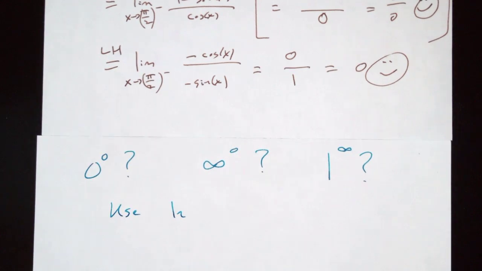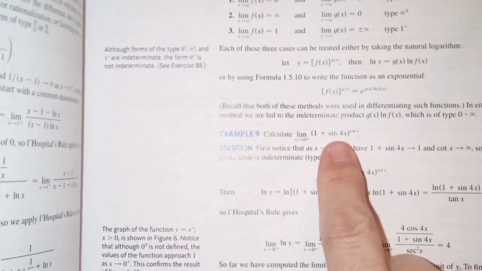So the first thing I do is I put in an ln. And then I try and figure out if that's determinate. And maybe I'll need to do some other rearranging. There is an example in the text on page 315, example 9 here.